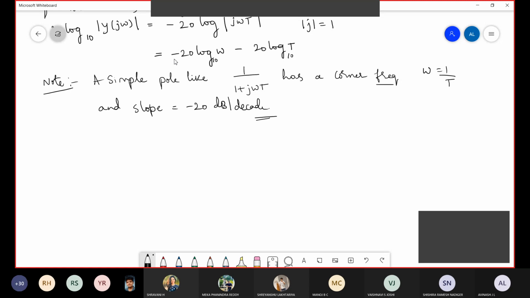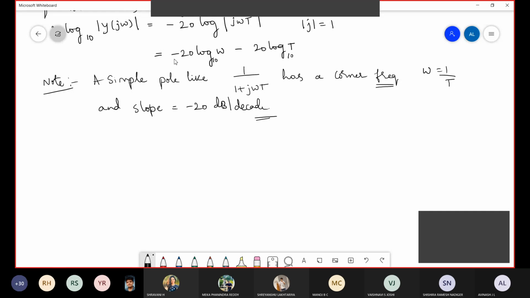What is the corner frequency and what is the slope, I will tell you while solving the numerical. When we talk about a simple pole, there is no complex pole in this. There are complex as well as simple poles, two concepts combined, where a pole means A plus jB.